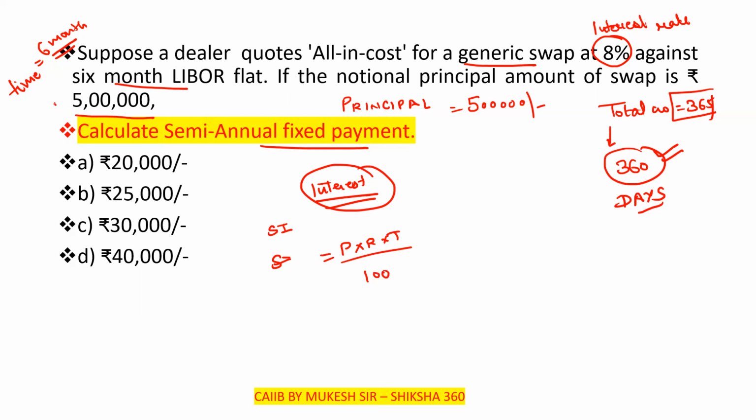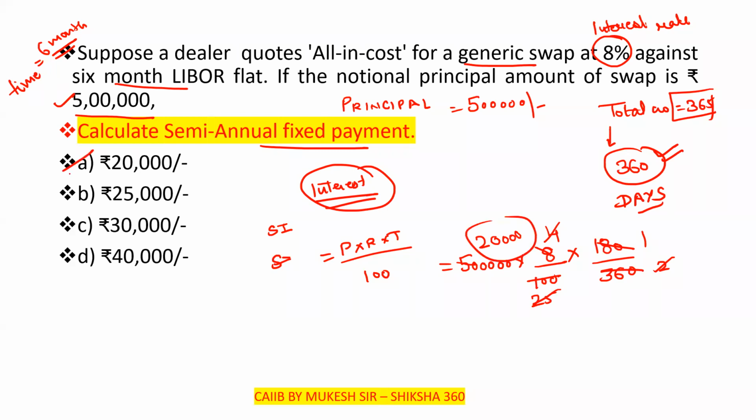The principal here is 5 lakh, the rate is 8%, that is 8 upon 100, and the time is 6 months, that is 180 days upon 360. Just solve this one, and it comes out to be 20,000. So option A is the answer here.